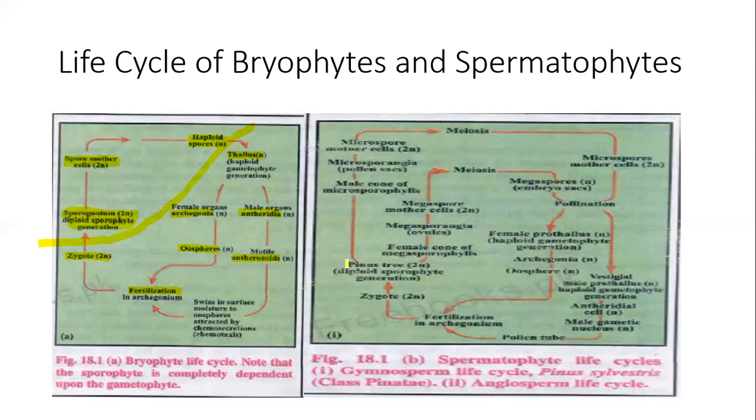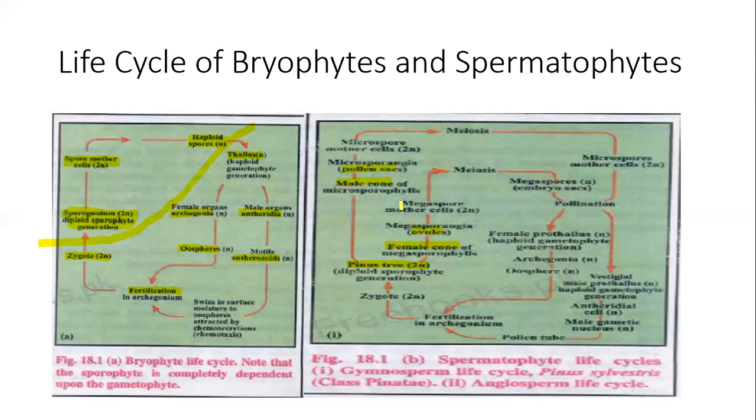This is the pinus tree that is diploid, and it is called sporophytic generation. It bears female cone as well as male cone. The female cone contains ovule while the male cone contains pollen sacs.